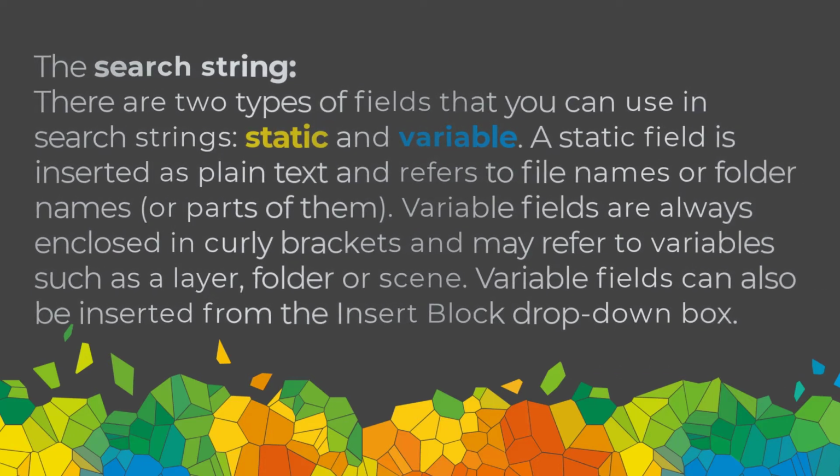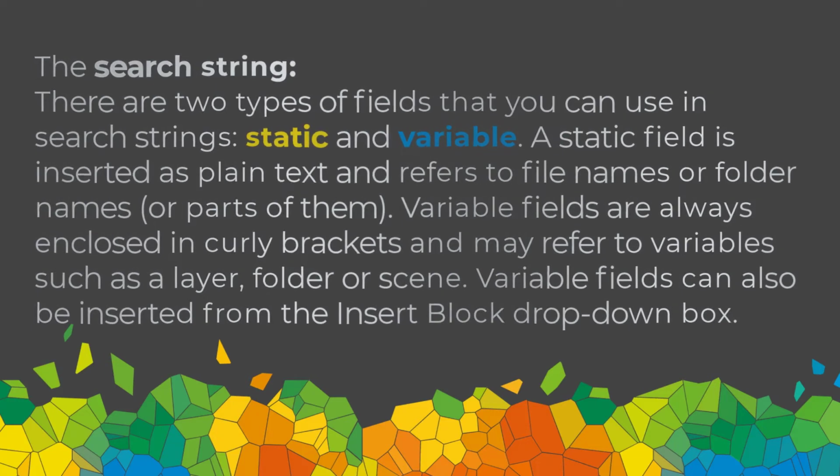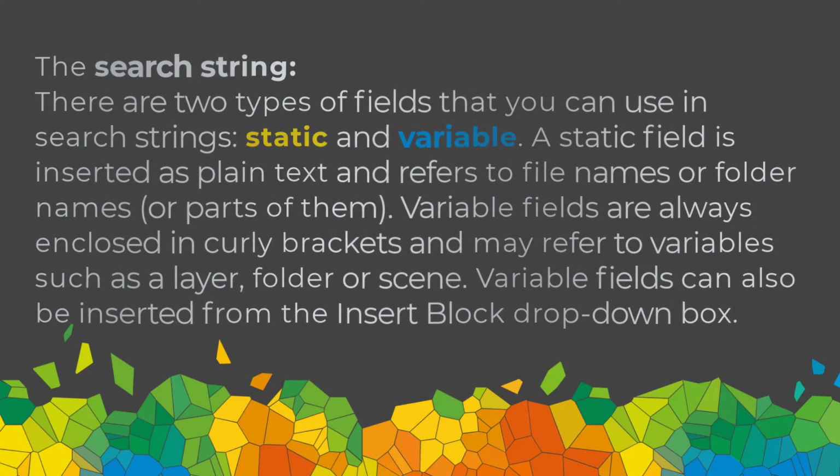I'm going to use a lot of underscores because the underscores are used to separate different parts of the file naming for Sentinel-2. And then you have these variable fields. Those are these blocks and they are enclosed in these curly brackets. They may refer to variables such as layers, folders, or scenes. Variable fields can also be inserted from the insert block drop-down box. That's what I showed you before.